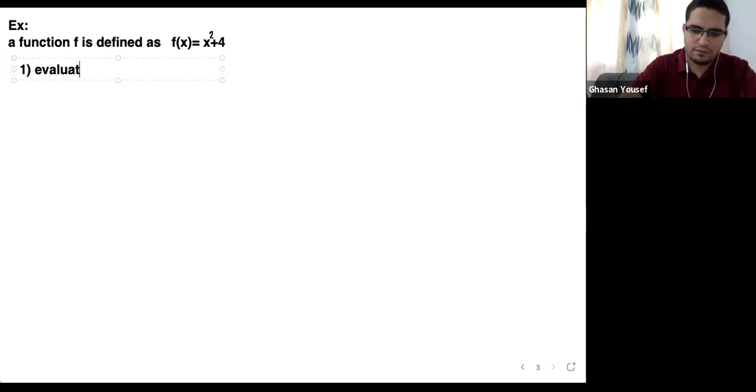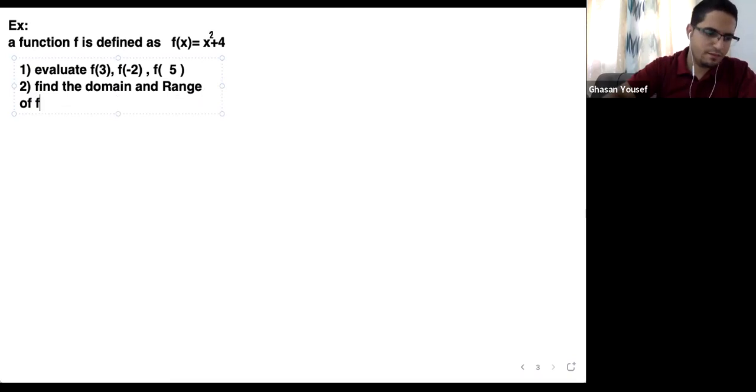evaluate f of 3, f of minus 2, f of square root of 5. This is number 1. Number 2, find the domain and range of f.